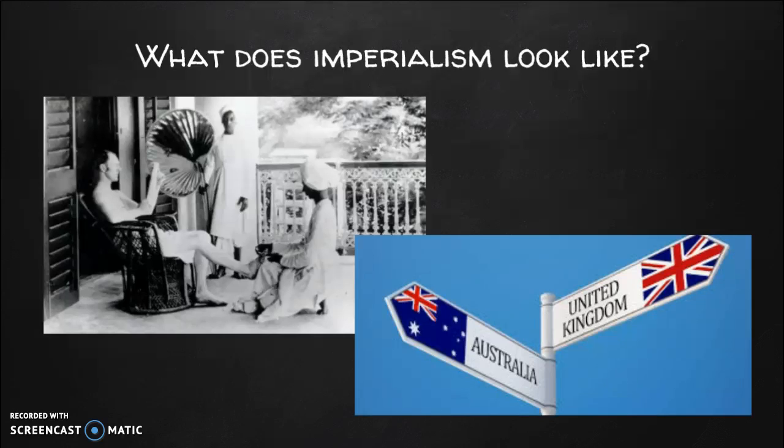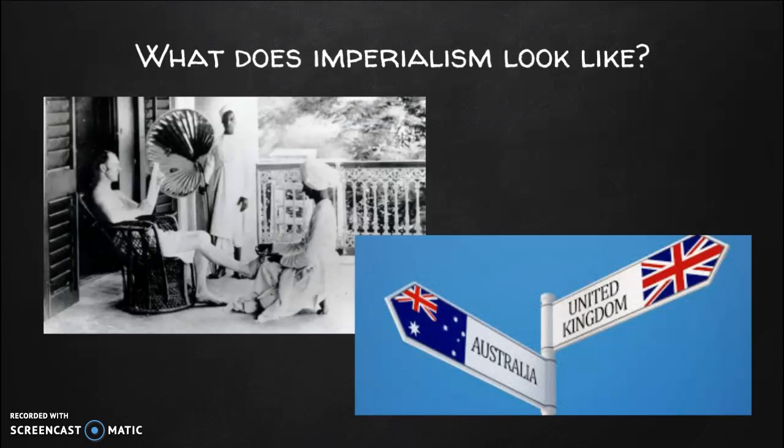All right, so what does imperialism look like? I mean, yeah, it's countries trying to take over other countries, but what does that mean? Imperialism will look like one of three ways: a colony, a protectorate, or a sphere of influence. Let's start with a colony. So a colony is when a territory is directly controlled by another country. A few examples from history: the 13 colonies before the United States of America declared independence from Great Britain.